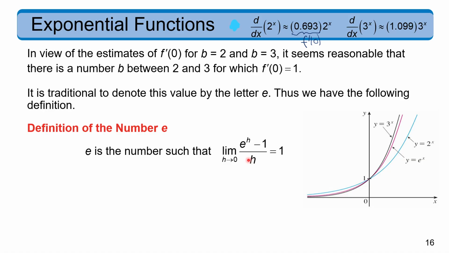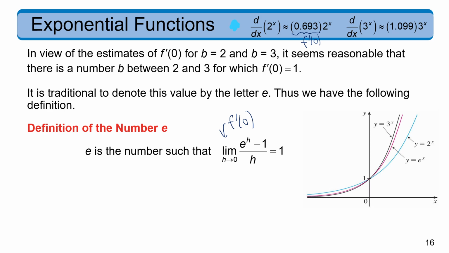So this is the equation for f prime of 0 using e in place of the base b. And we define e to be the number that makes this limit equal to 1, right? This is the f prime of 0 formula.